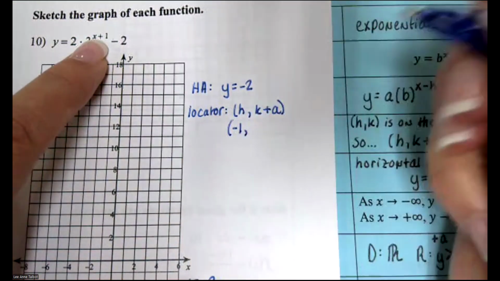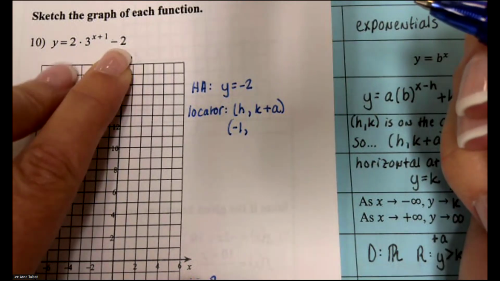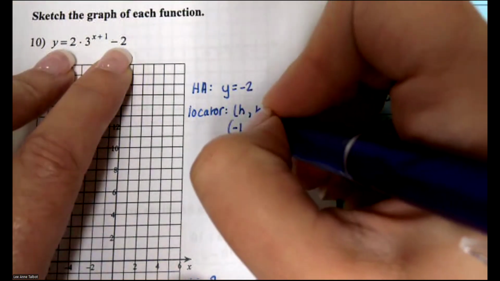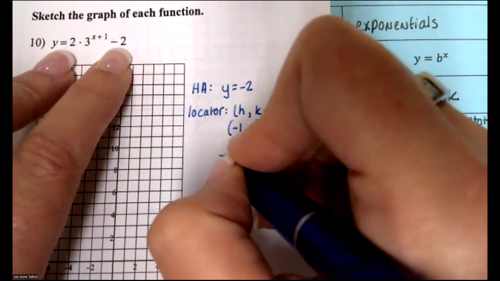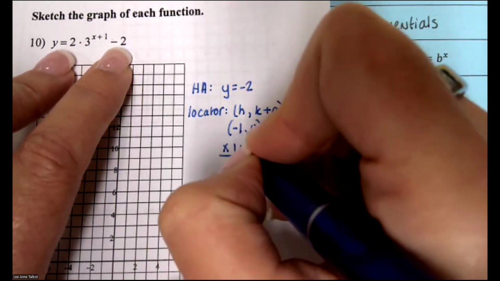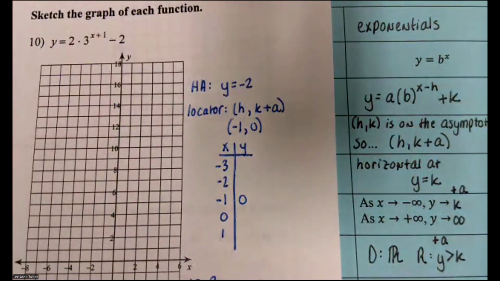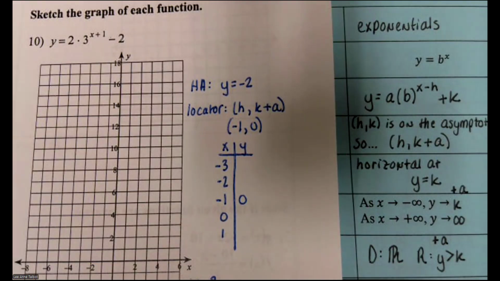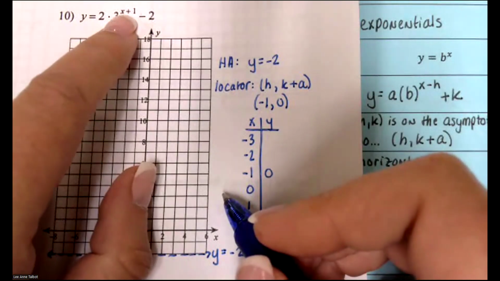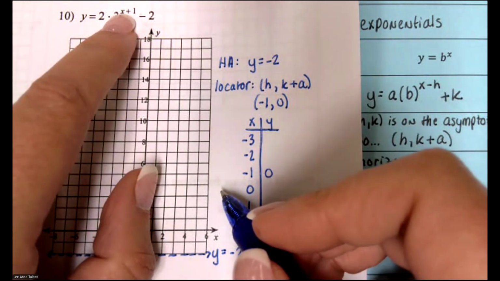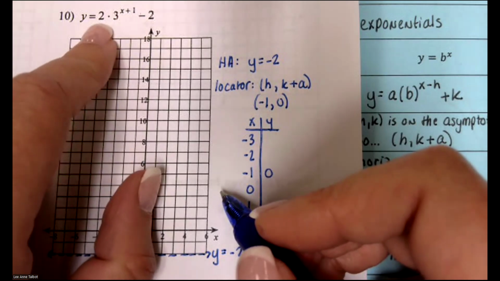-1. Okay. -2 plus 2, 0. Alrighty. 0 plus 1 is 1. 3 to the 1 is 3. 3 times 2 is 6.